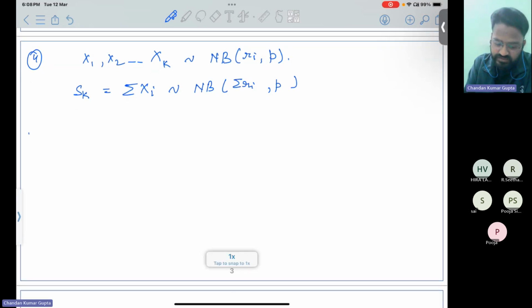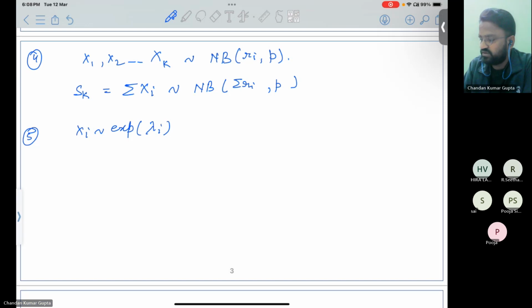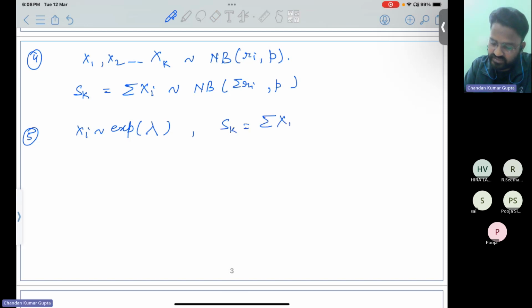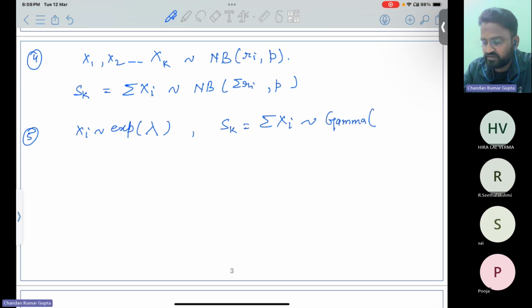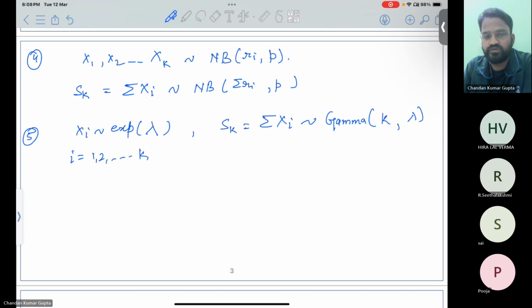In a similar way, if Xi follows exponential(lambda), then Sk, which is the summation of Xi, follows gamma with parameters k and lambda.